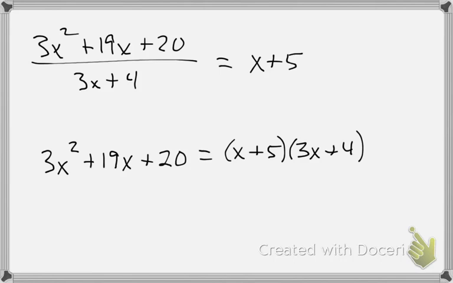You guys agree? 3x squared plus 19x plus 20 happened to factor, and one of its factors was 3x plus 4. That is what happens when you have clean division. It means what you were dividing by was a factor.